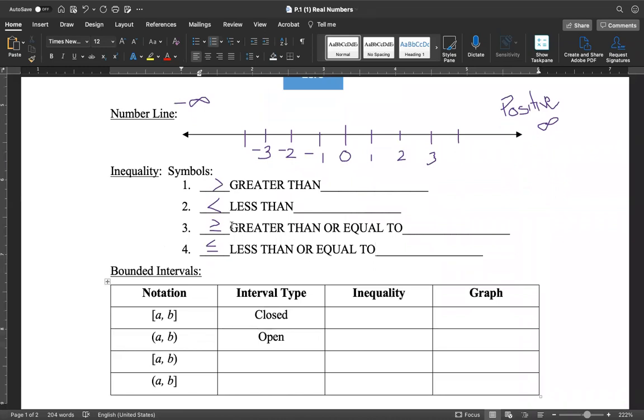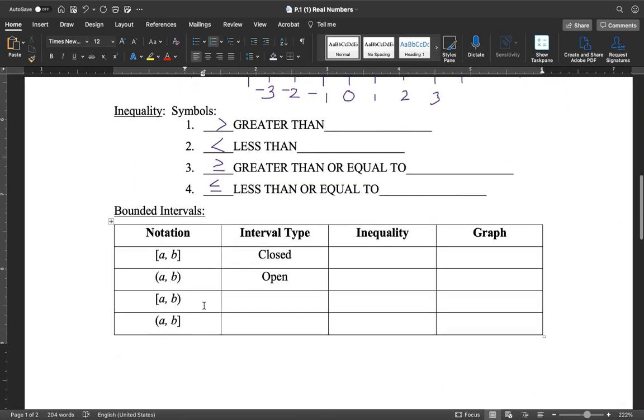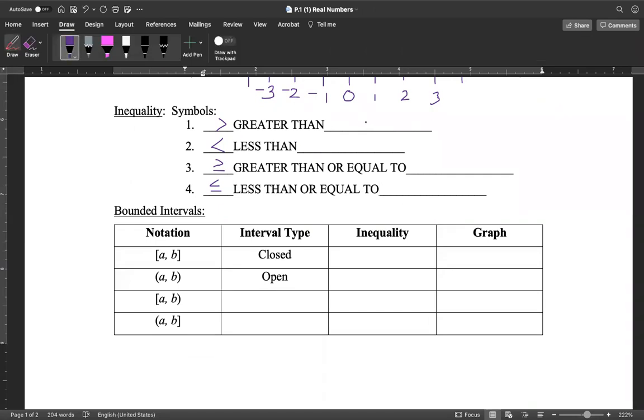And typically we would use this type of notation, but today we're going to go back and forth between inequality notation and interval notation. So interval notation looks something like this, where we have brackets and parentheses. Okay, so I'm going to show you what the inequality looks like, and then we'll go from there. The other thing I want to refresh our memory on is what these mean.